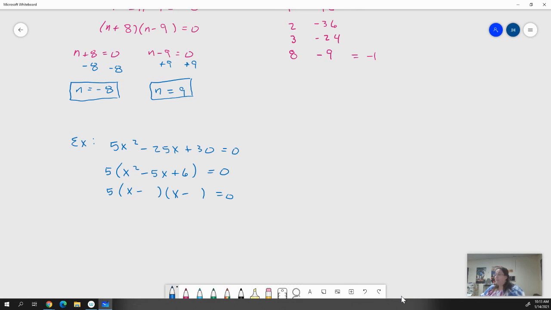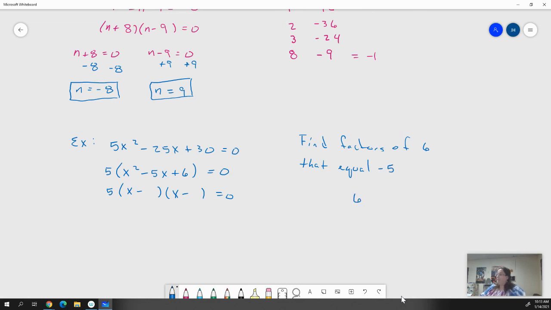So we are going to find the factors of 6 that equal negative 5. What do we know about them? They're both going to be negative, right?